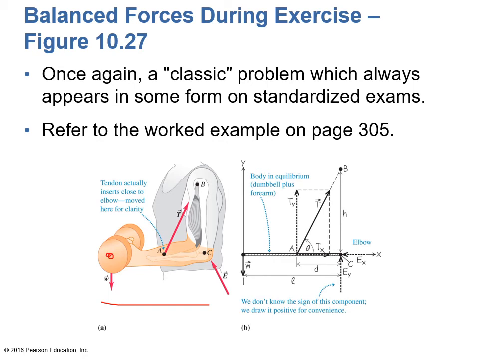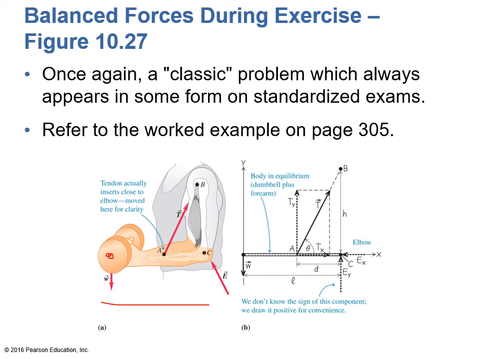And then what we're showing is that if C, the elbow point, becomes a fixed point of rotation, or a point about which to calculate torques, we know that for equilibrium, that weight is going to be stationary, the arm isn't moving, and you have two torques applied in this case in our simplified model.